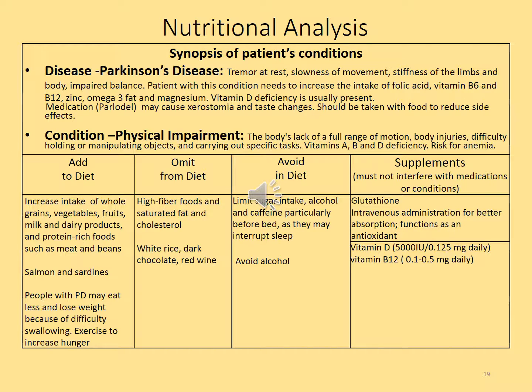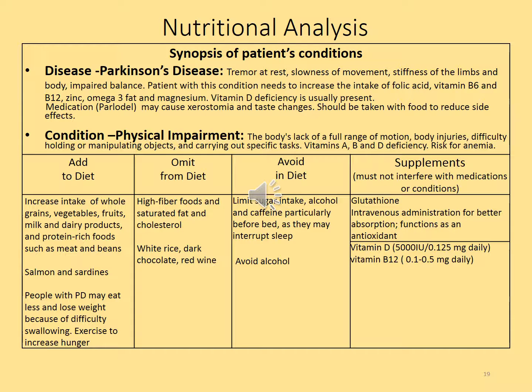Condition: physical impairment. The body's lack of a full range of motion, body injuries, difficulty holding or manipulating objects, and carrying out specific tasks. Vitamins A, B, and D deficiency. Risk for anemia.